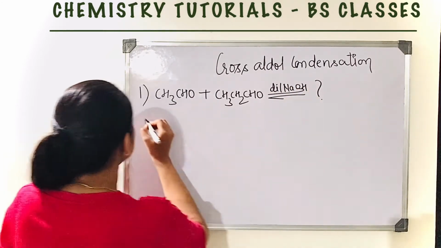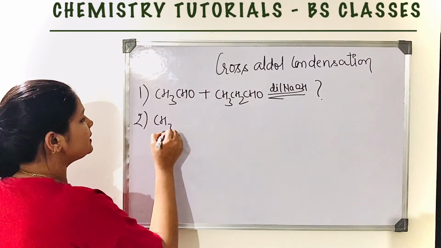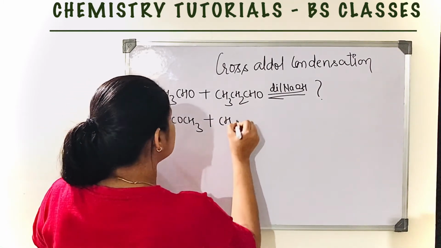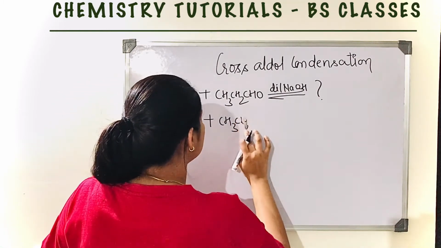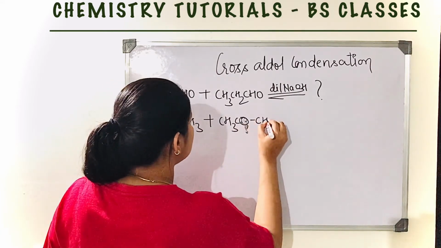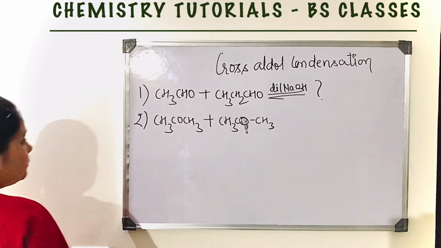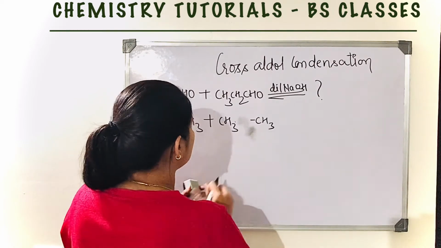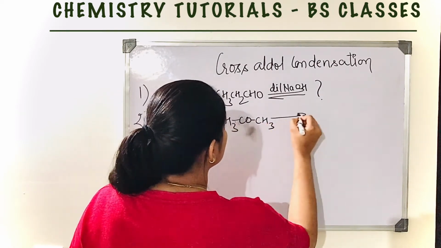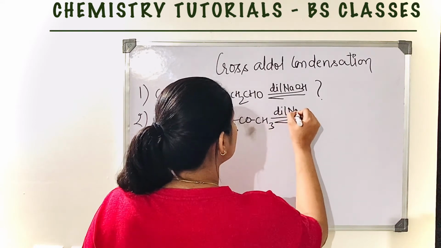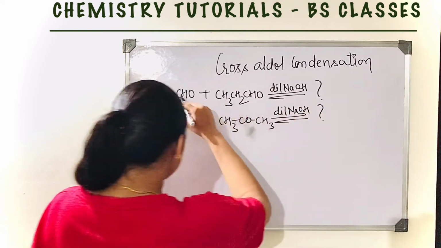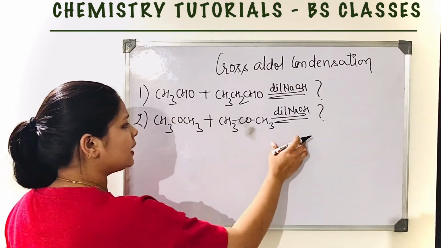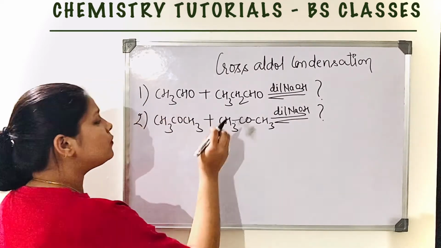Now the second is CH3COCH3 plus CH3COCH3, and the medium is dilute basic. In both the cases, both the molecules are having alpha hydrogen. So here also there is more than one product, total 4 products will form.